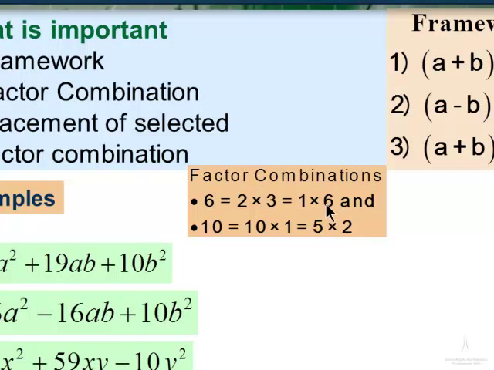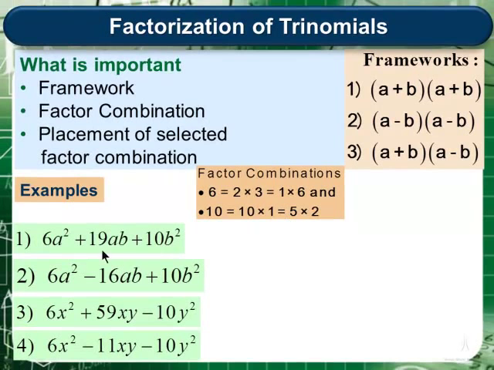Now combinations of these factorizations of 6 and 10 respectively will determine whether we can successfully factorize this particular trinomial or not. Let's have a look how we go about deciding which factor combination should be utilized for each case.